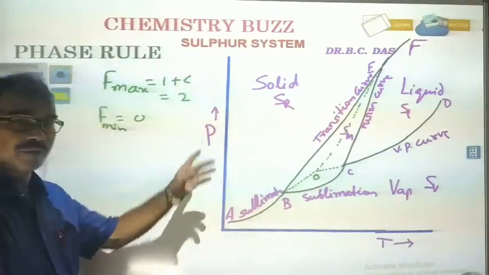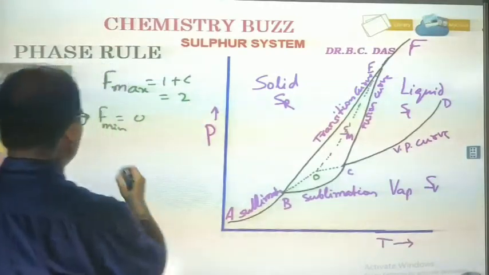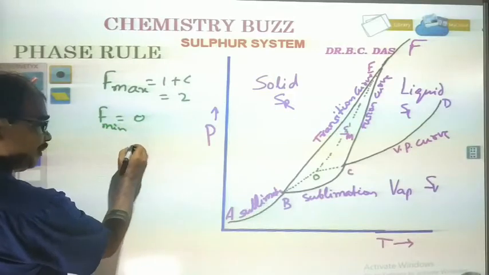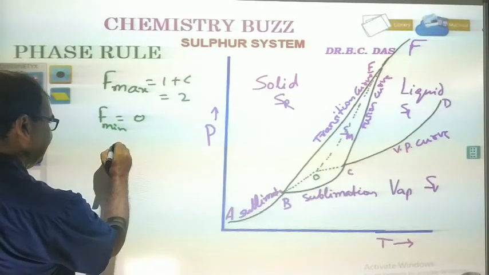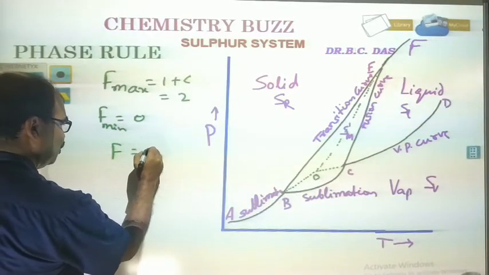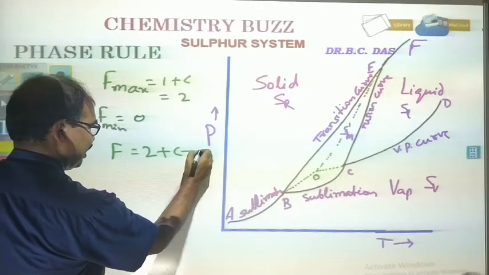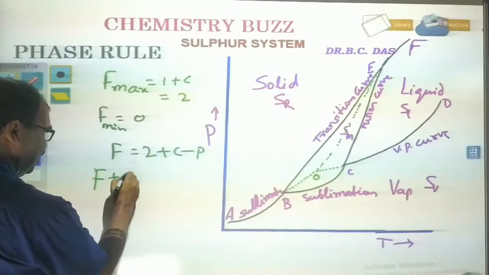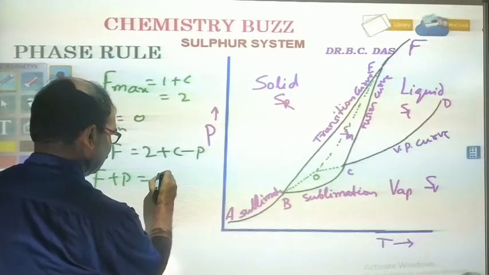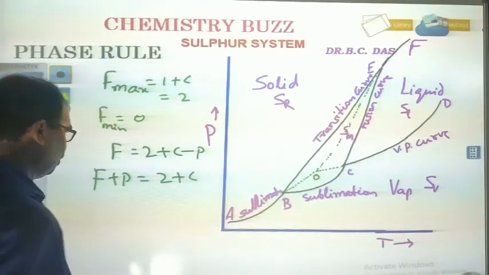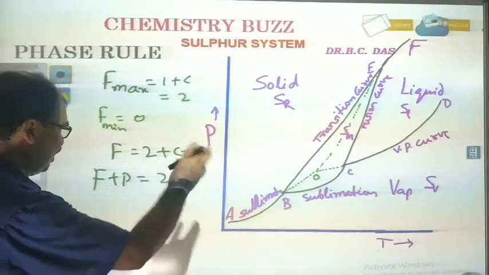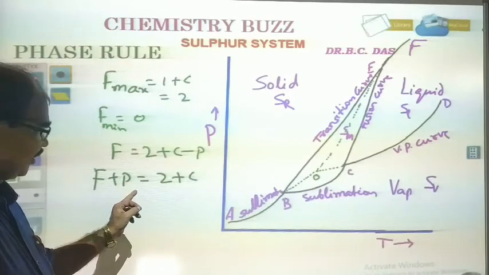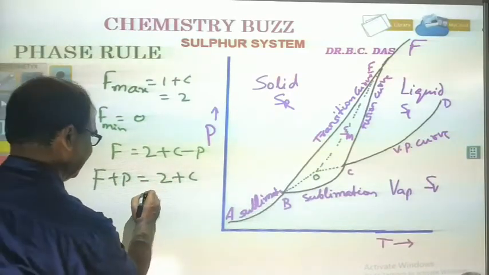So maximum degree of freedom is 2, and from this phase rule, that is F is equal to 2 plus C minus P, we can write F plus P is equal to 2 plus C. So always for all points, degree of freedom plus number of phases is equal to 2 plus C, that is 3.